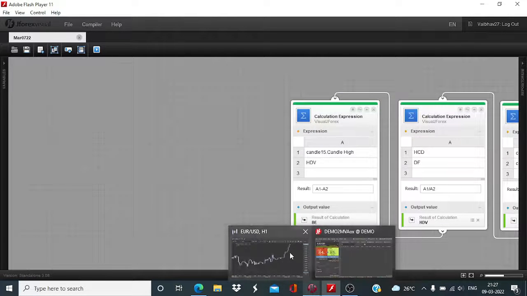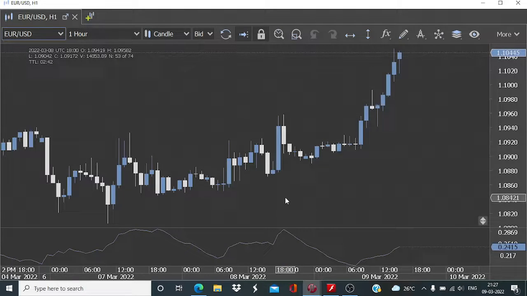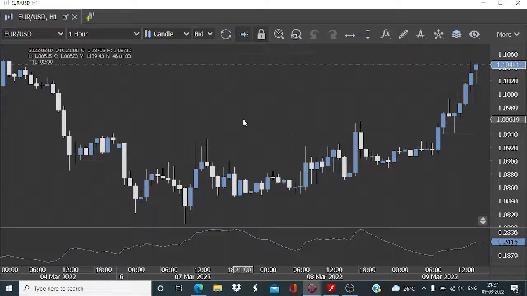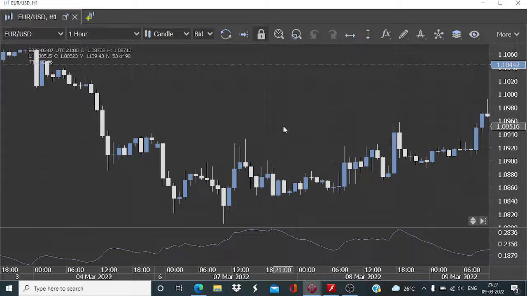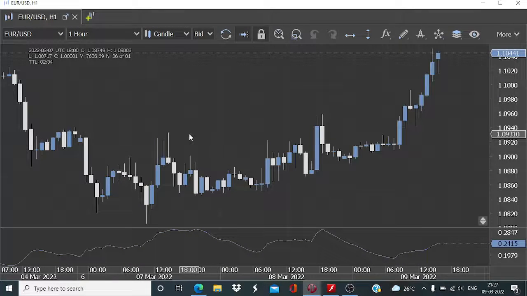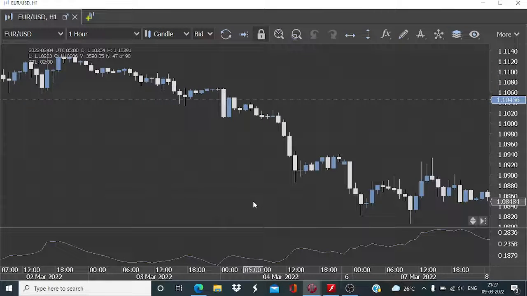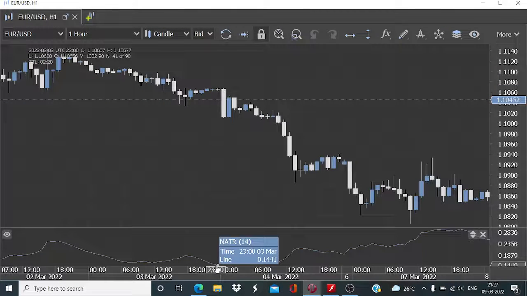Now I will give you a refresher of what the logic is. For any sell trade to execute, we want enough volatility, enough price moves on the lower side. So for that, we will be comparing the NATR output value, and the difference between the last hourly NATR output and the penultimate hourly NATR output should be at least 0.02.